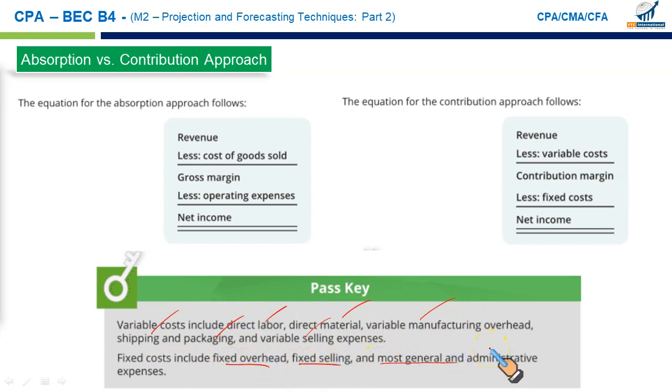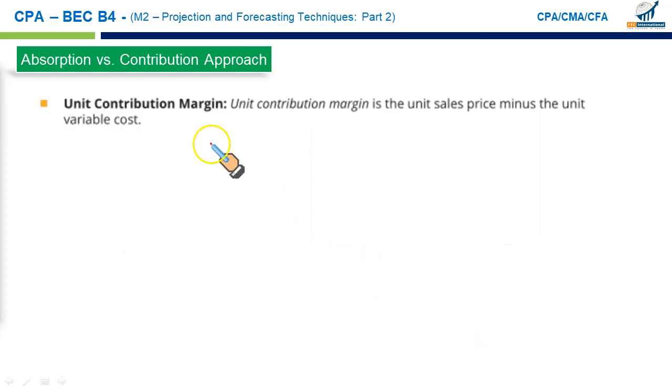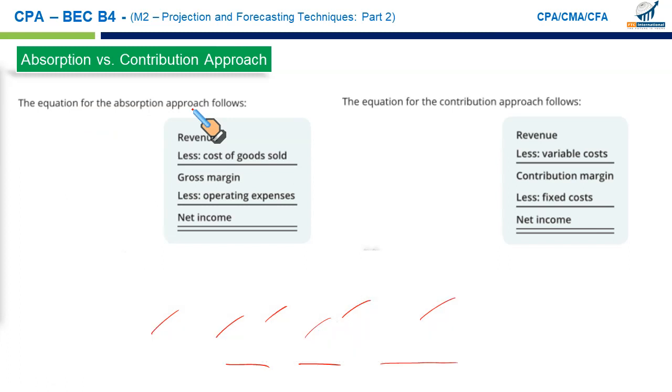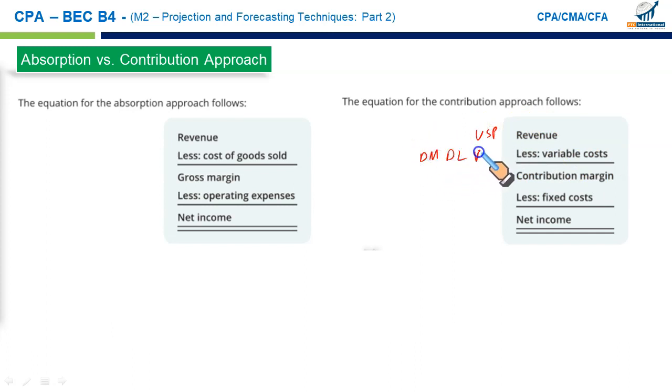We know that. Now moving on, next we have a very important concept called the unit contribution margin. Let me take you back. Here we have the contribution margin for all our revenue and all our variable cost. If you take our unit selling price, direct material for single unit, labor for single unit, variable overheads, variable selling, variable admin, in other words, variable unit cost, what you get is called the unit contribution margin or per unit basis.